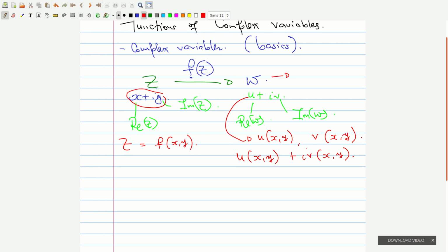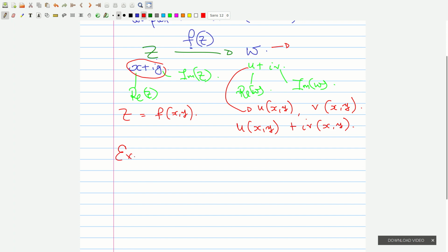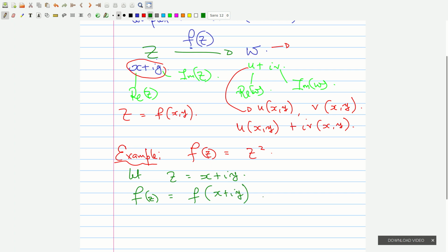So let us look at an example. The first example is, what if we have a function f of z given as z squared. We can let z equal x plus iy, a complex number, then f of z is going to be f on x plus iy, which is x plus iy everything squared.